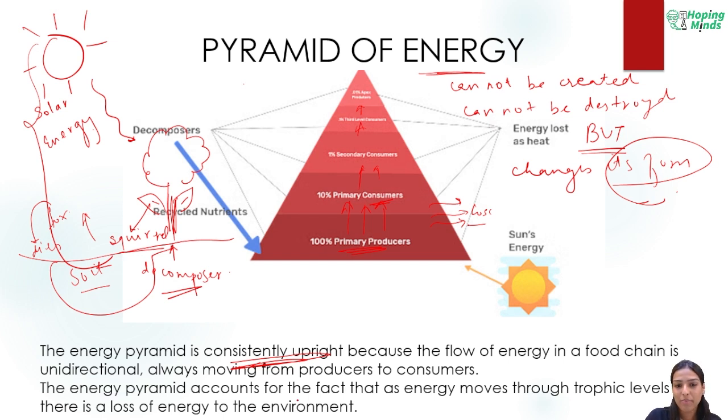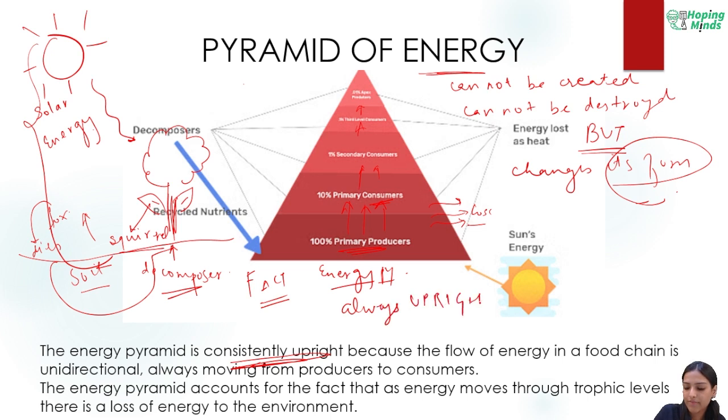Why? Because as energy moves through the trophic levels, there is a loss of energy to the environment. It's but natural. Which is why an important fact to note is that an energy pyramid will always be upright. Always.